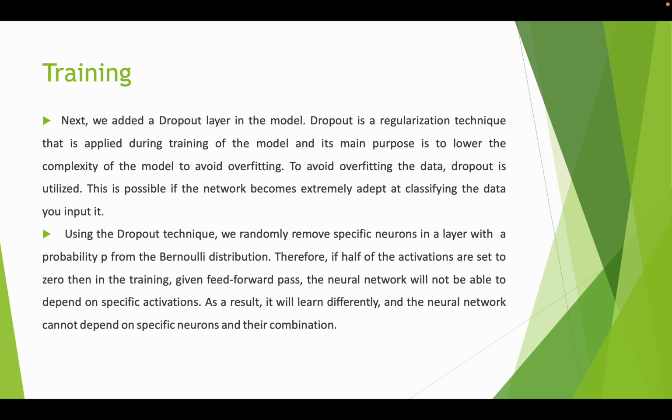Using the dropout technique, we randomly remove specific neurons in the layer with probability p from the Bernoulli distribution. Therefore, if half of the activations are set to 0 during the feed forward pass in training, the neural network will not be able to depend on specific activations. As a result, it will learn differently, and the neural network cannot depend on specific neurons and their combinations.